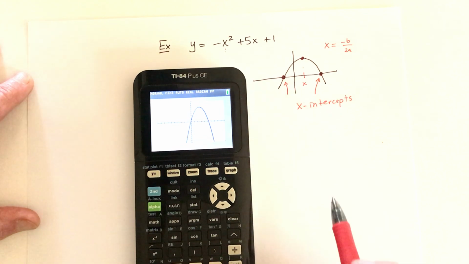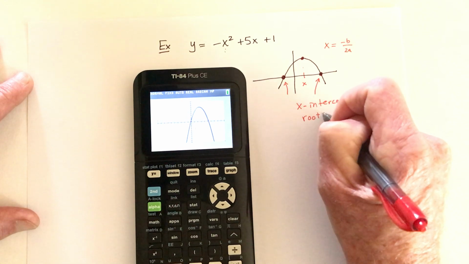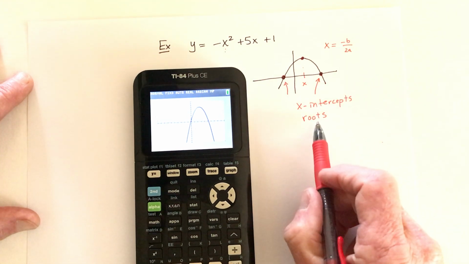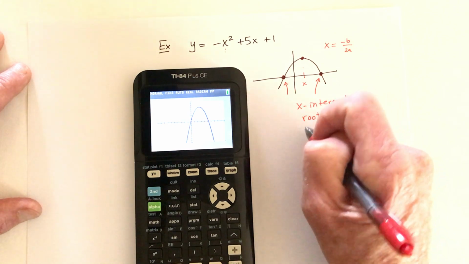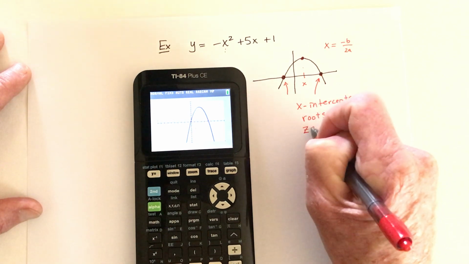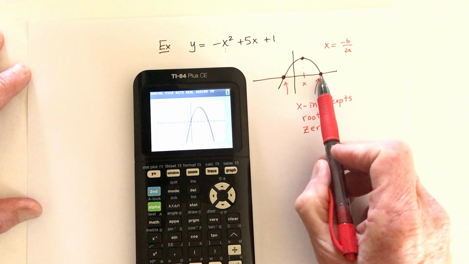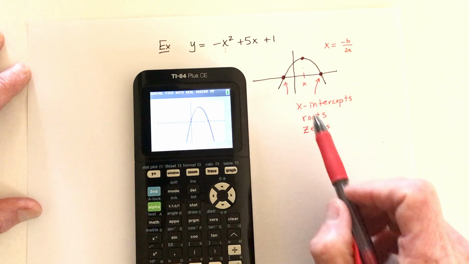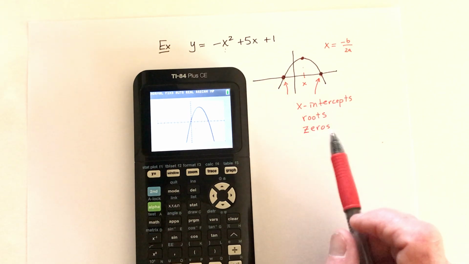They're still called x-intercepts. They're also called the roots. And root is just a general term to say when you solve an equation, what's your answer? And then they're also called the zeros, because right here y equals 0 and right here y equals 0.